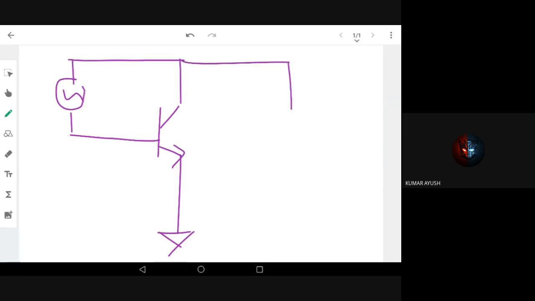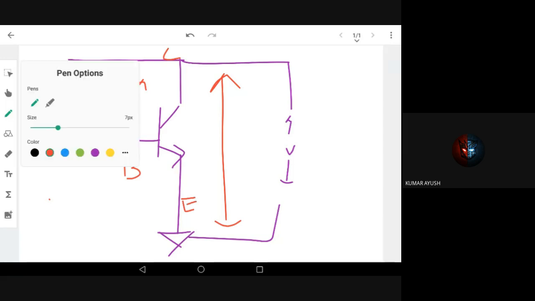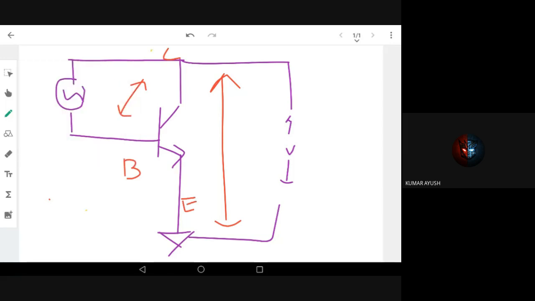Input is across base and collector, output is across collector and emitter. So the collector is common between these two. This type of configuration is called common collector.